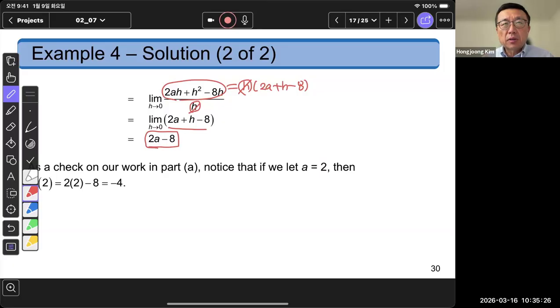And that is the derivative of this function at a, or that will be the slope of the tangent line when x is a. And the result in part A is a special case of this, because if I plug in 2 for a, then 2 times 2 minus 8 is negative 4, and that was the answer in part A. So that is a very special case. But in part B, we are considering a general situation.